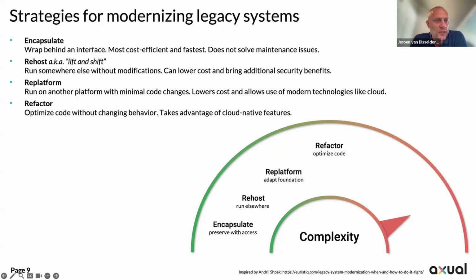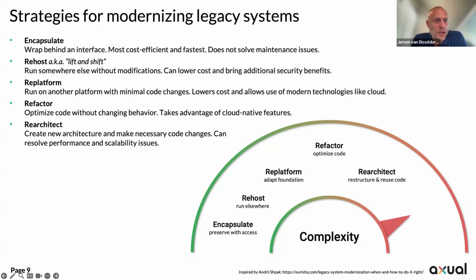You can also refactor your legacy systems, which means optimizing it without changing the behavior, taking full advantage of cloud-native features if necessary. You can re-architect, so you make a complete new architecture and rebuild your system in that architecture.